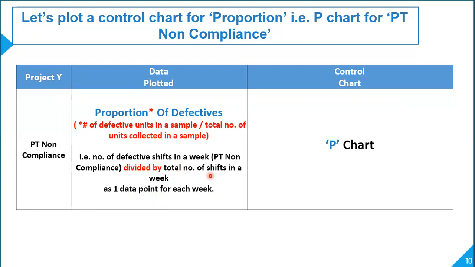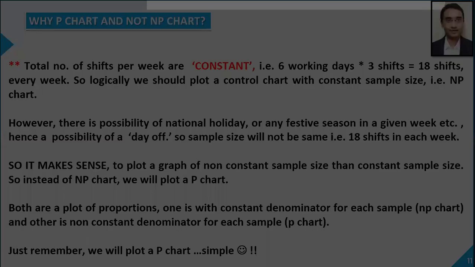For each and every week, we're going to have one data point. So do remember that. We're going to use a P chart, so let's plot a control chart for proportion, that is a P chart for PT non-compliance. Let's go to the next slide.